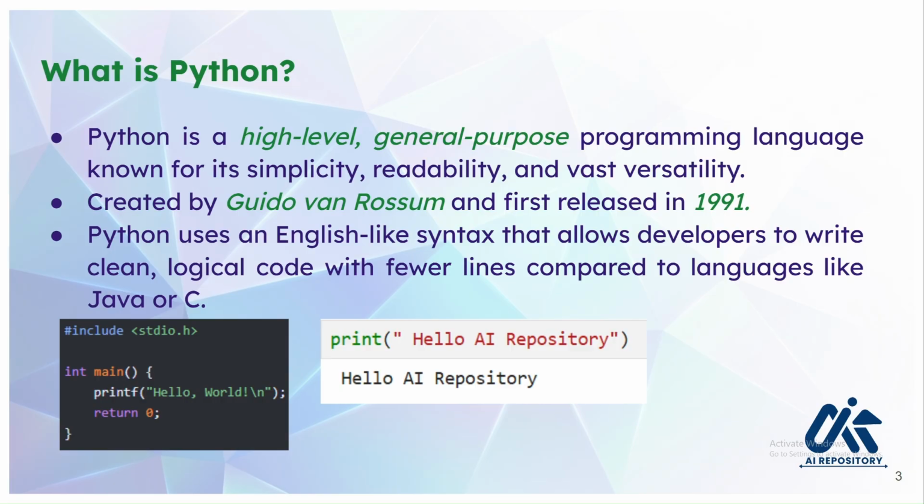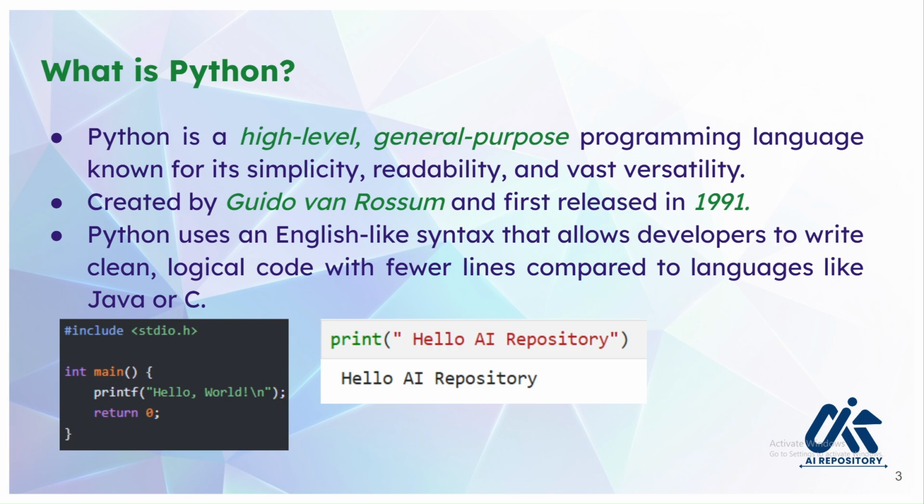It is general purpose. Why is it called general purpose? Because we can use Python programming to complete a lot of coding tasks. For example, if you want to do database connectivity, you can use Python for that. If you want to do network tasks, then also you can use Python.